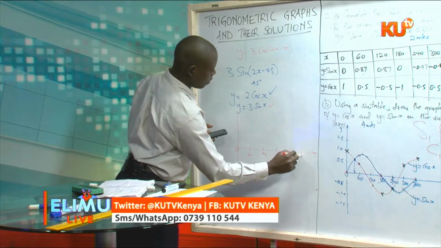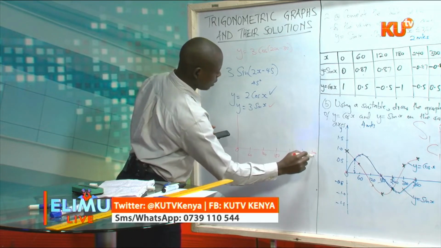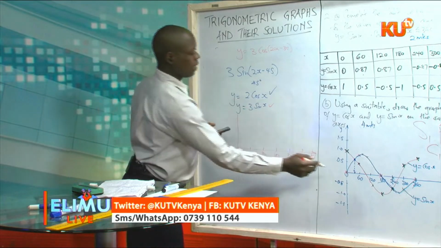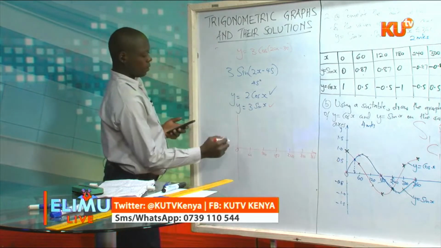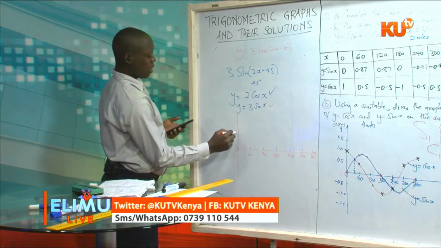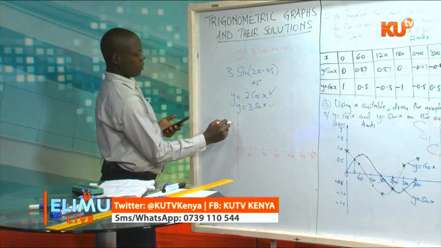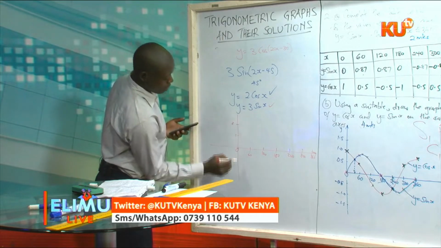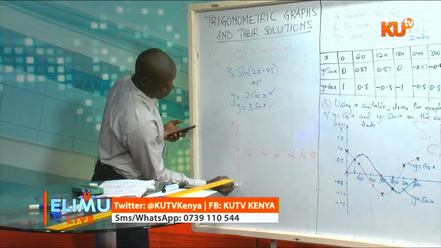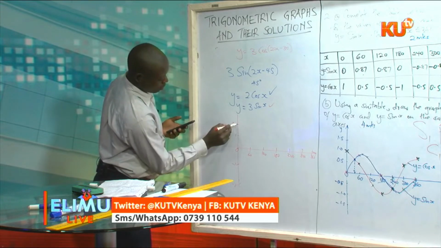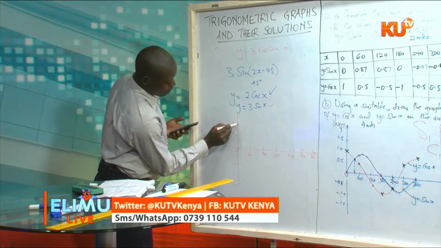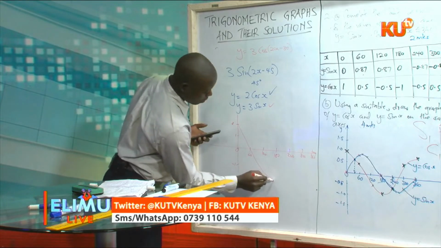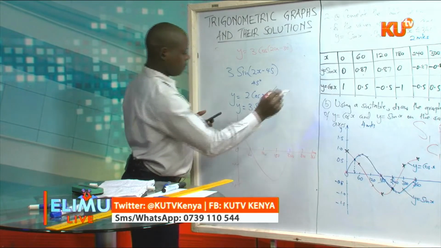240, 300, and 360. So this is twice the graph that we have here. So now we shall have, this is 1 and this is 2. So our curve will start from this point. This is negative 1, this is negative 2. And so it will run that way.